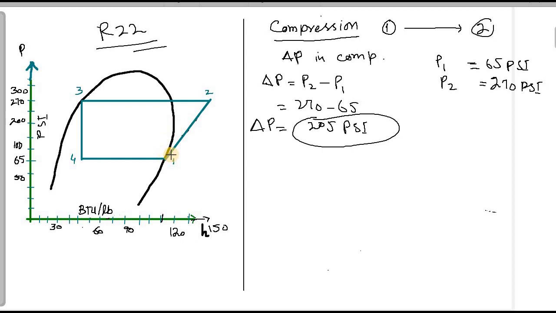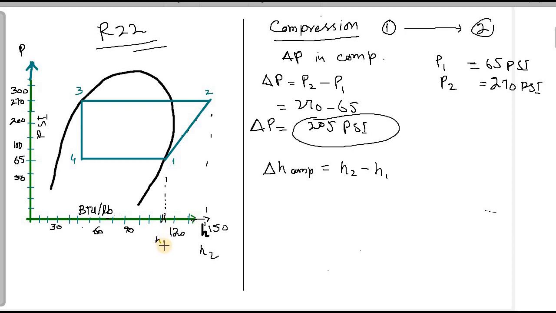Now, what is the enthalpy change in this compression? The enthalpy change will be our delta H in compression, and that will be equal to H2 minus H1. So what is the value of H2 and what is the value of H1? Here this is H1, and this value will be our H2.